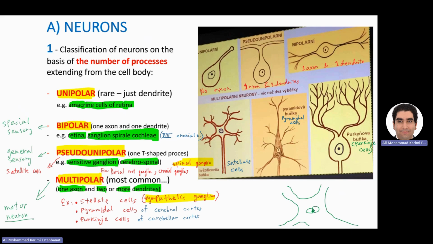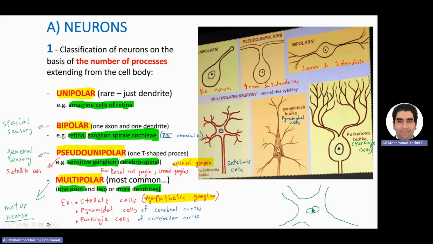Unipolar, that means that, if you can see the picture here, they do not have any axons, they only have dendrites. And they're very rare to find out. They're one of the first cells to be produced and their function is very minimal. But a very important example of them is the amacrine cells in your retina.